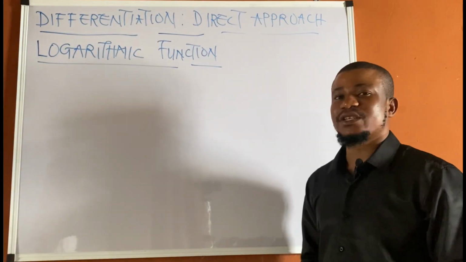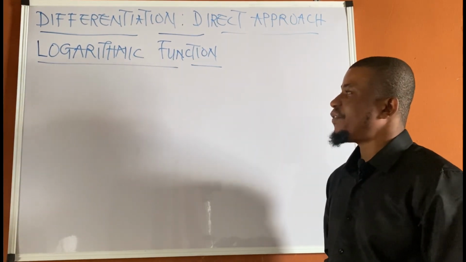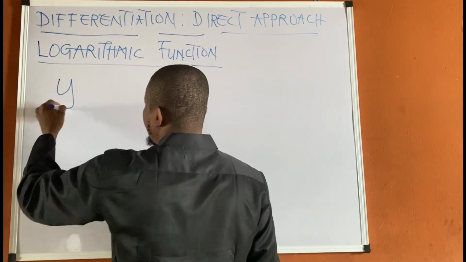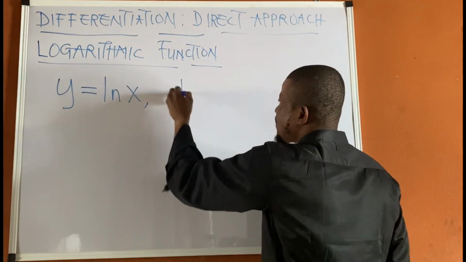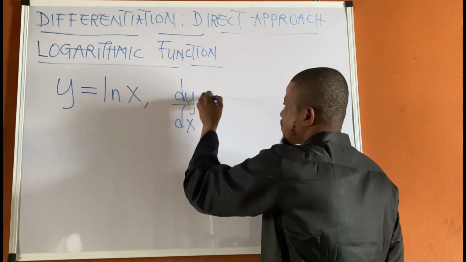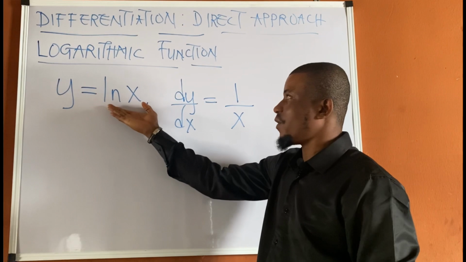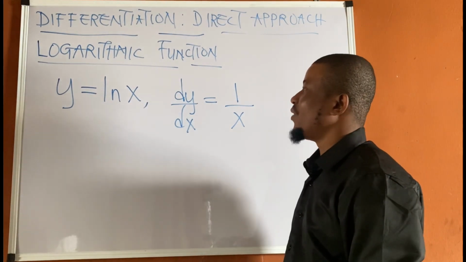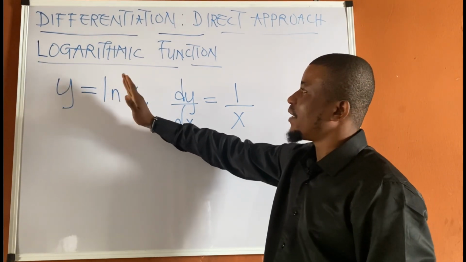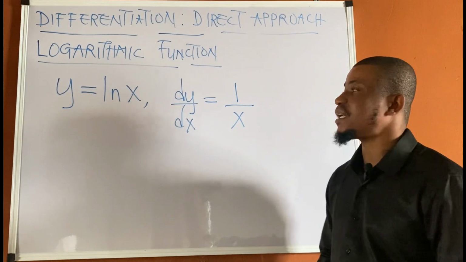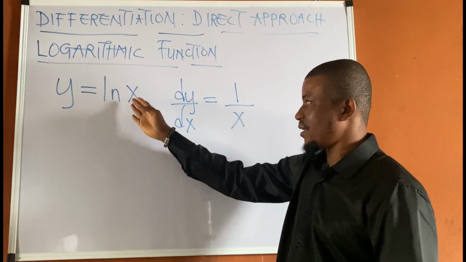The next function we'll discuss is the logarithmic function. If you are given a function of the form y equal to ln x, then dy/dx is equal to 1 upon x. Like I told you earlier when I introduced logarithmic functions, in calculus we are more interested in the log of natural numbers, ln x.